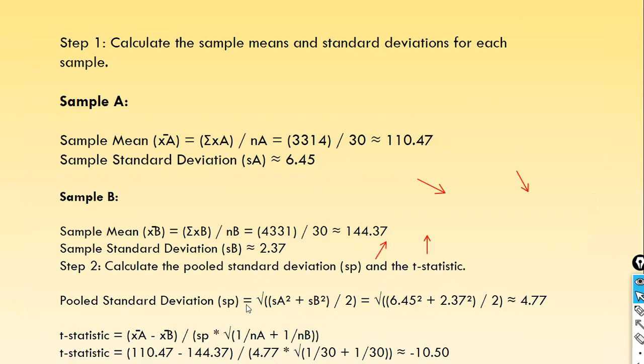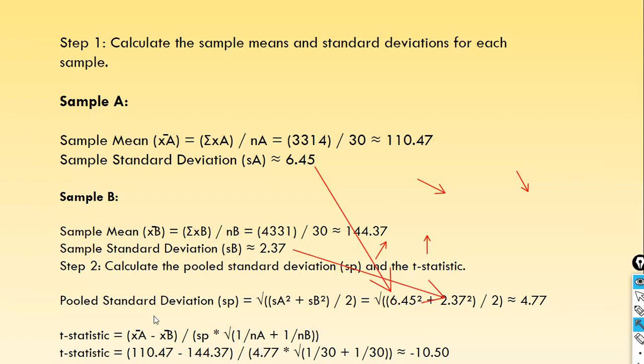The formula we know is the pooled standard deviation. Plug in the values here. We know the sample standard deviations, and we just simply plug in the values. 6.45 is the variance of your sample 1, and 2.37 is your second sample's variance. Add these, 12 divided by 2, you get 4.77.